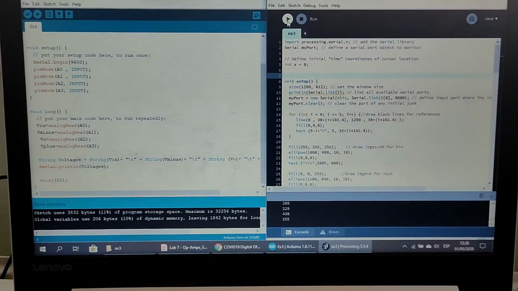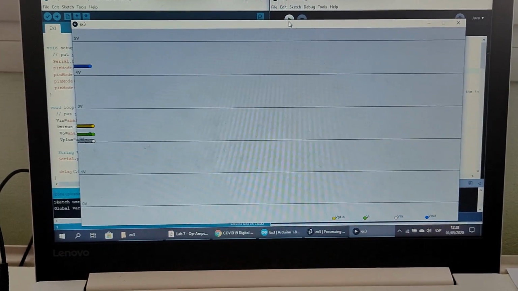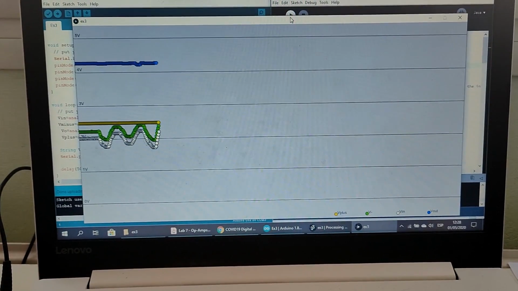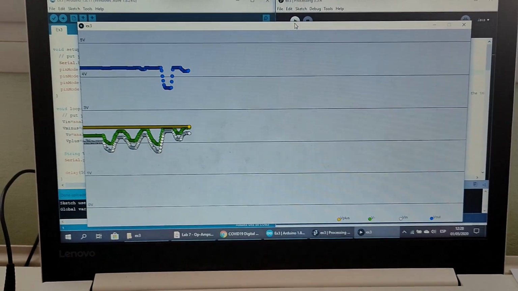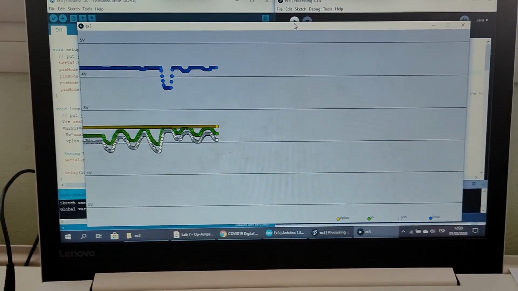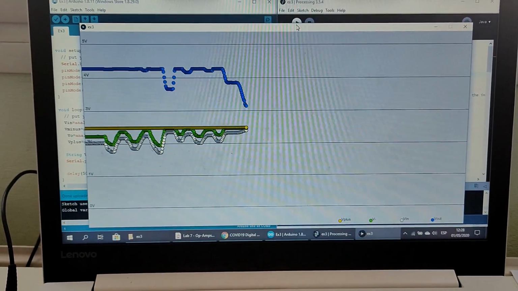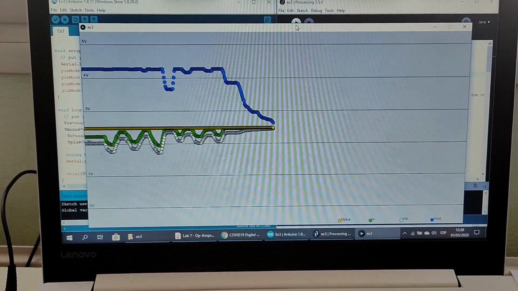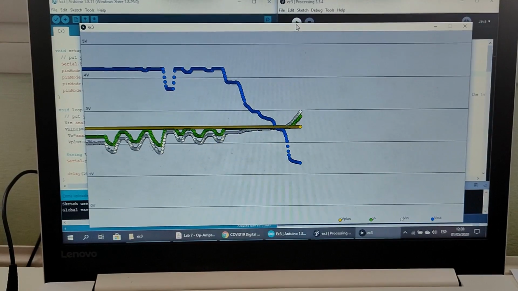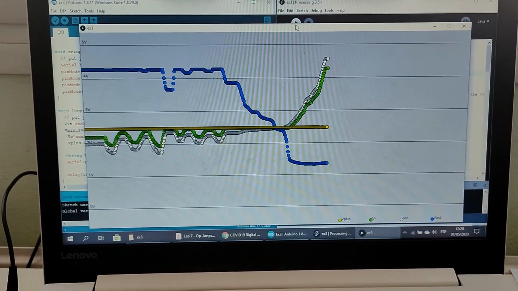If we run this in Processing, we would see that at the beginning, if we stay closer to the ground, which is at 2.5, the voltage out starts inverting. This is because of the gain of minus 10. And then if we go up, it would invert the other way.